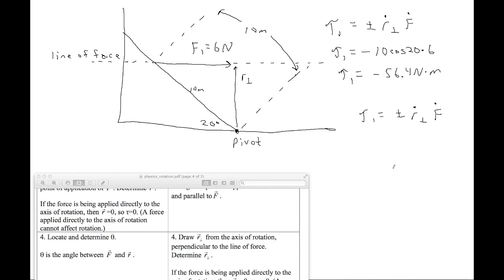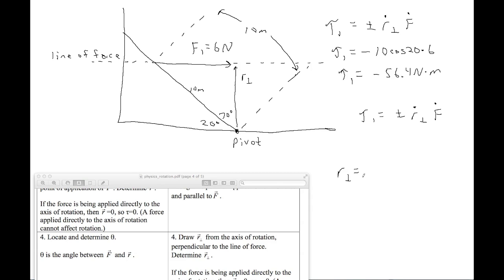I said that the angle next to 20 degrees was 70, but I'm not sure I needed to do that. Also, I found the length of R perpendicular, and I said that was 3.4 meters.